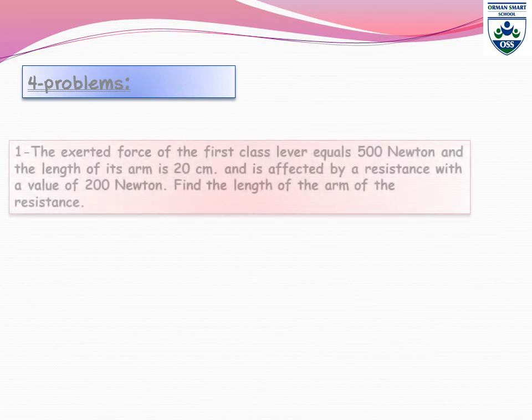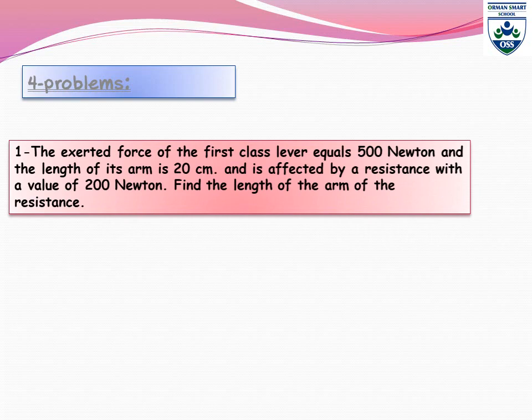Question number 4. Problems. Problem 1. The exerted force of the first-class lever equals 500 Newton and the length of its arm is 20 centimeters, so the effort force arm is equal to 20 centimeters, and it is affected by resistance with a value of 200 Newton.